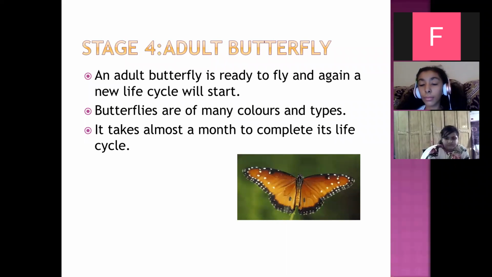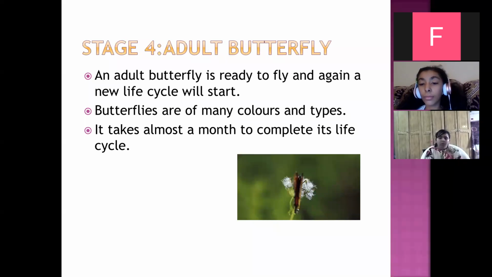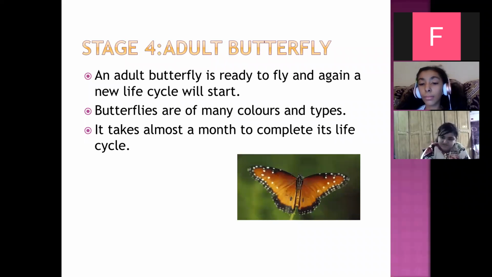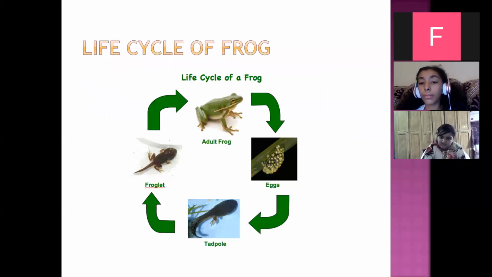Stage number 4, adult butterfly. I have given you the details of this life cycle of a butterfly. In the case of the life cycle of a frog, I have given you a summarized explanation. Stage number 1 is egg. Stage number 2 is tadpole. Then is the froglet, and then is the adult frog.